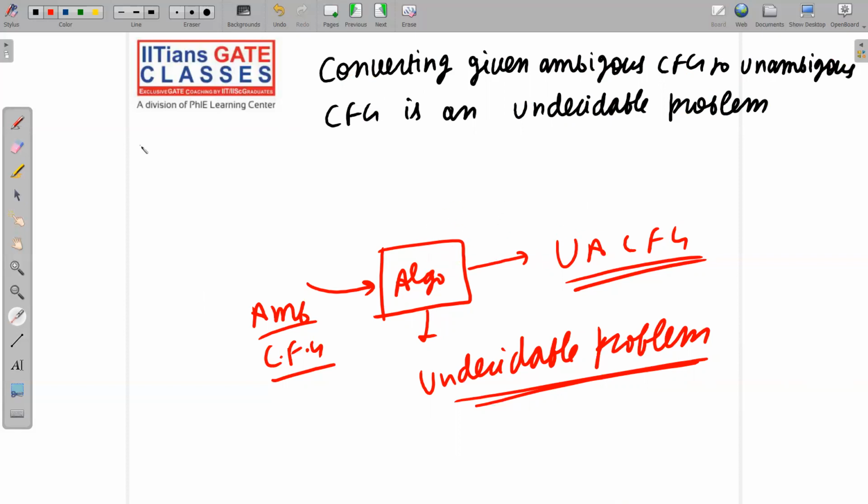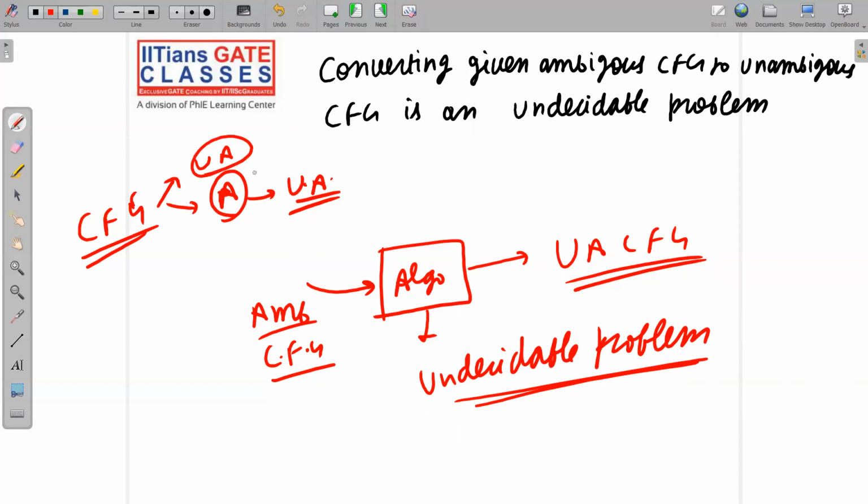We have a context-free grammar. We cannot say algorithmically whether it is unambiguous or ambiguous. And if we come to know that it is ambiguous, then we are not able to convert it into an unambiguous grammar.